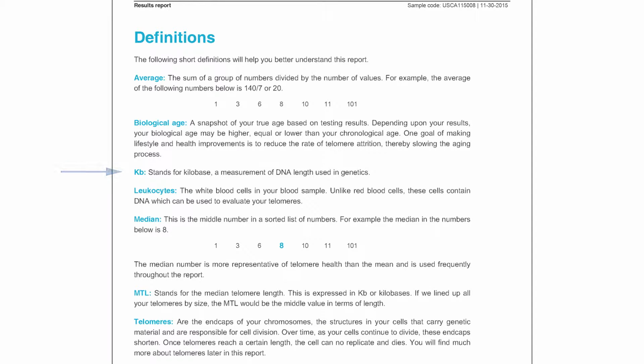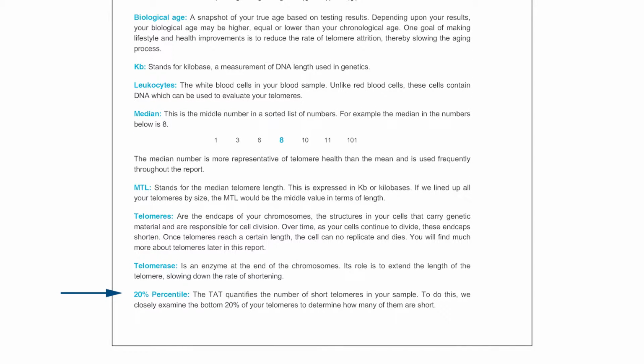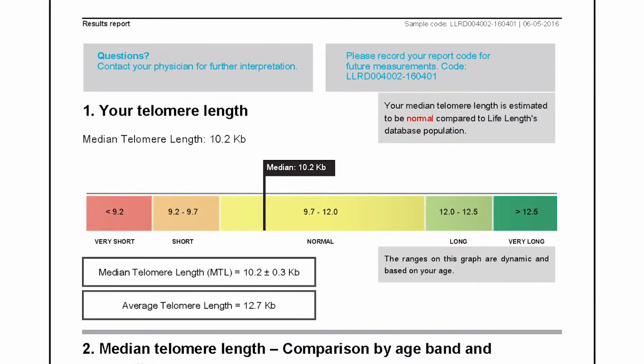You can point out the difference between median and average, or mean, and how the most important measurement of telomere length is the median telomere length, or MTL. You can note that for statistical reasons, we look closely at the bottom 20th percentile to determine how many of the telomeres are short.